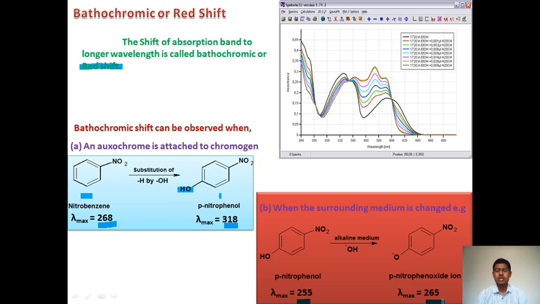This is because conjugation in phenol is overpowered by conjugation in phenoxide ion. Phenoxide ion readily undergoes shifting of electrons, the lone pair of electrons present on oxygen, into the benzene ring.